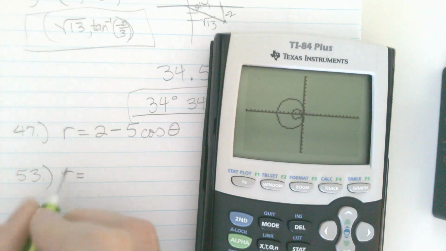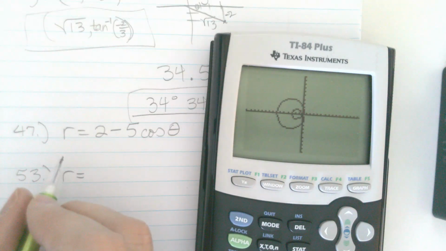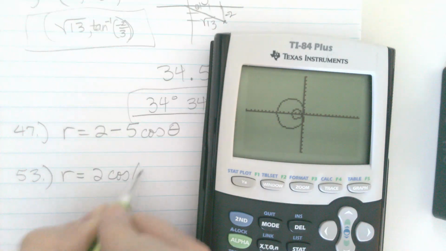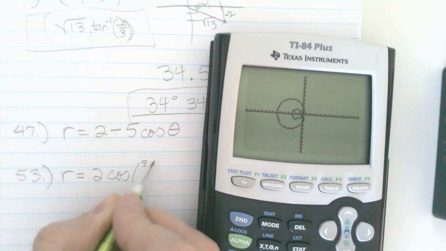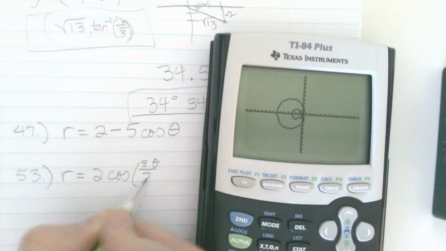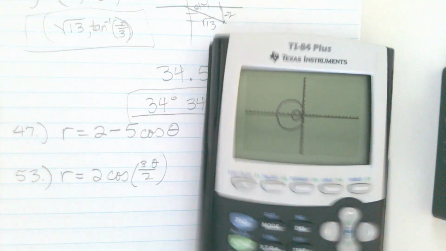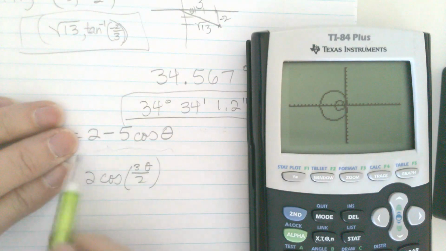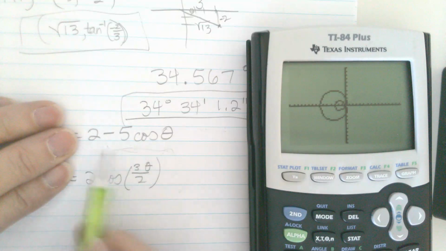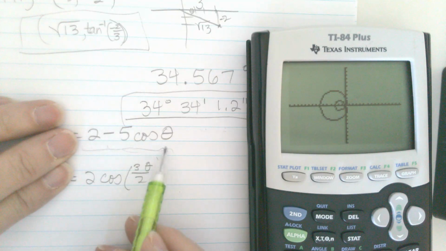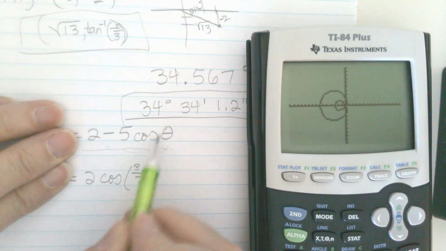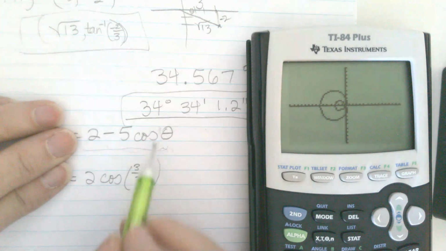53, the formula was r equals what? 2 cosine of what? 3 theta over 2. By the way, if you think of the rectangular graph of this, what do we always use as the period? 2 pi over the k value, and the k value is 1, right?